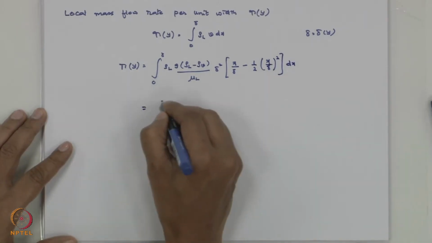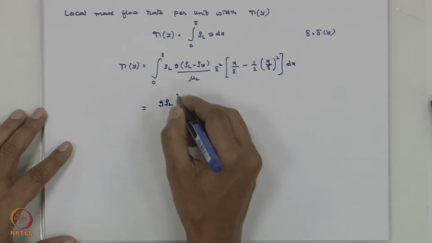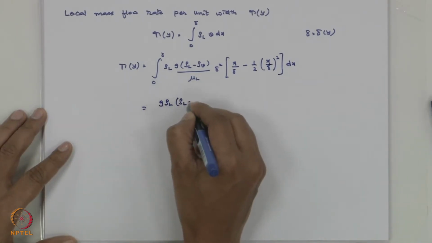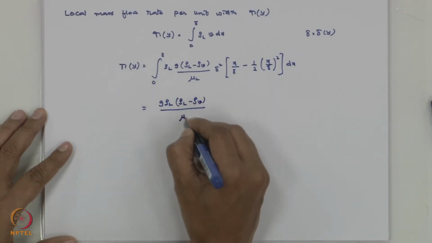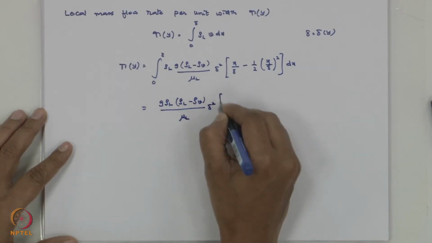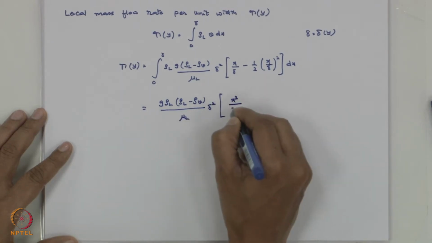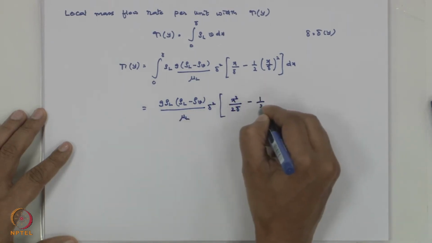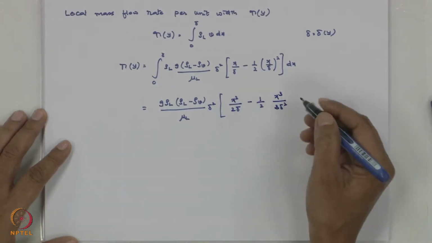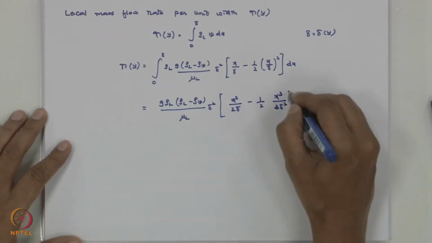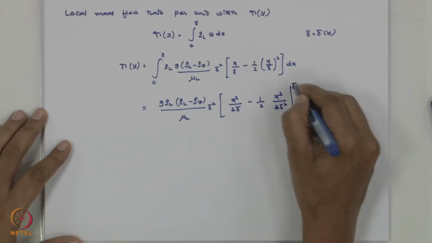So g rho L into (rho L minus rho v) upon mu L delta squared into (x squared by 2 delta minus half of x cube by 3 delta squared) is what I get between the limits 0 to delta.